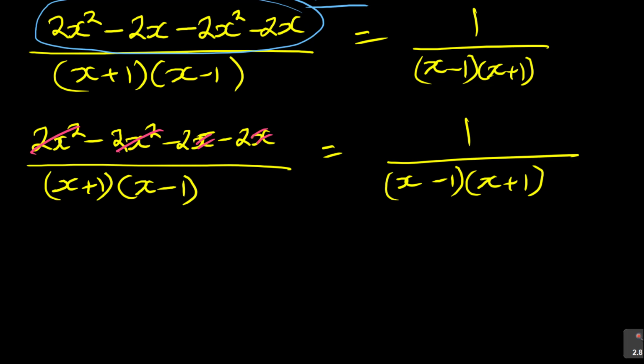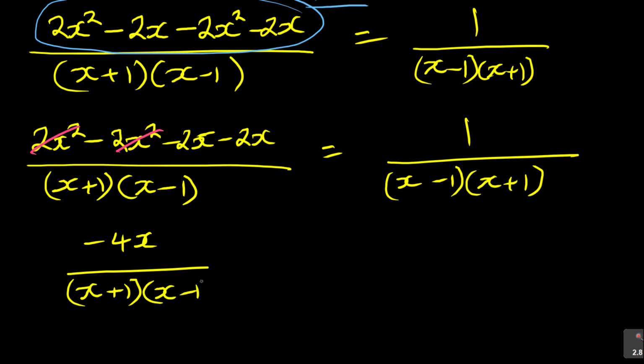So what are you going to have? Minus 4. So here I've got minus 4, but you retain your x over x plus 1 and x minus 1 is equal to 1 over x minus 1 and x plus 1.